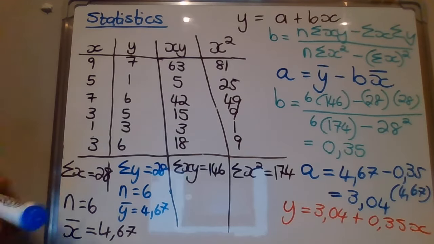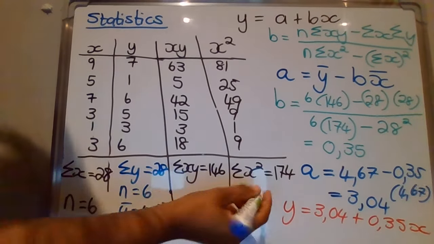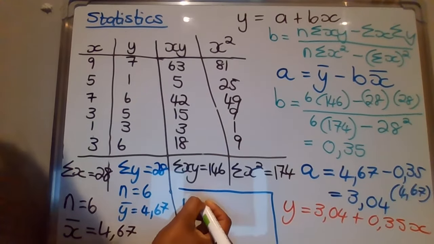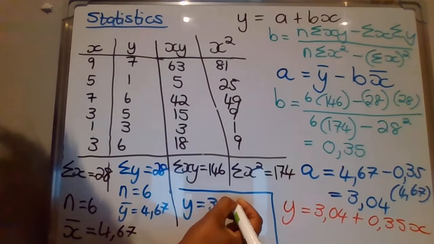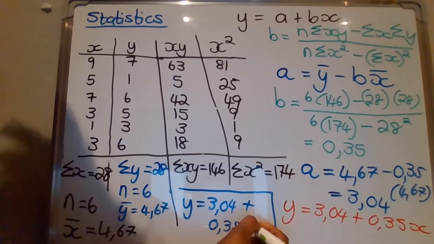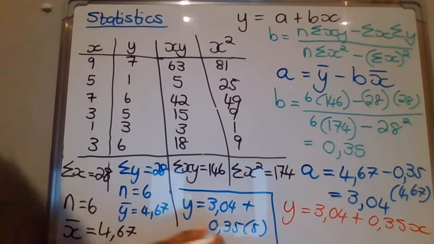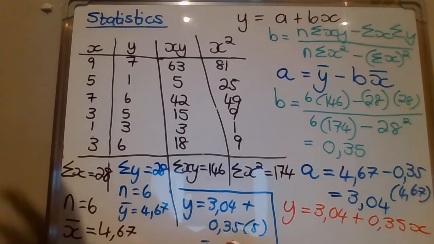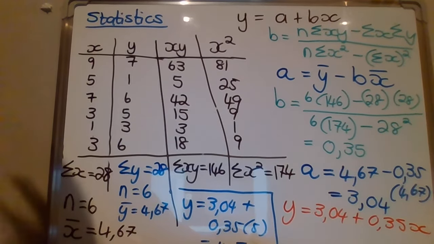All right, so if x is equal to 5, then all you need to do is substitute x equals 5 into your equation, 0.35 times 5, so that you can find your y value. And there, when x is equal to 5, y is equal to 4.79.